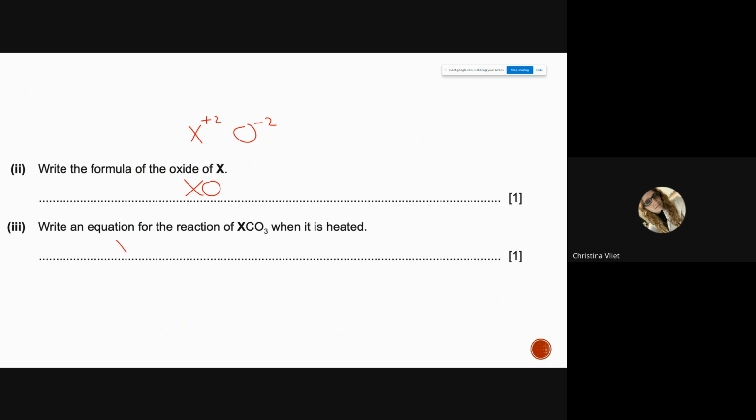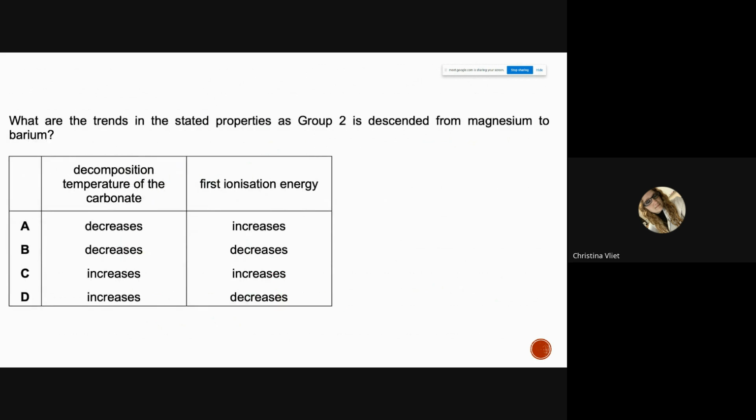So it would just be memorizing that when heated it becomes, and you don't have to write the triangle on the top, but you can if you want, they won't count it off if you do. It would be CO2, no X there though, and the other product is XO. It doesn't matter the order you write them in. XO plus CO2, order doesn't matter.